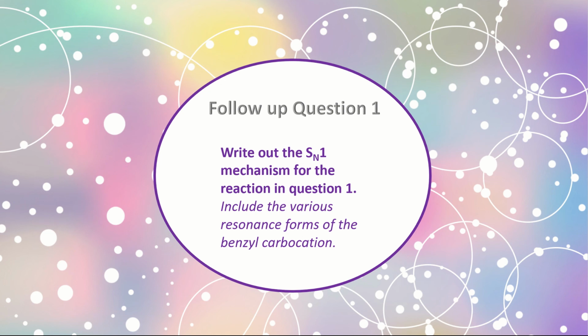So our follow-up question 1 is, write out the SN1 mechanism for the reaction in question 1 and include the various resonance, or canonical, structures of the benzyl carbocation. So again, write out that SN1 mechanism and include the various resonance forms of the benzyl carbocation.